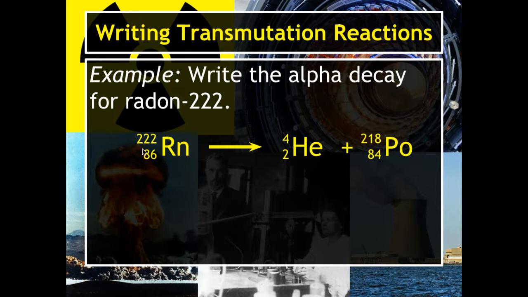So 222, ejected helium, subtract 4, that's 218, right? If I add those together, I get 222. 86, ejected 2 protons, so that's 84. And if you look in the periodic table, that is correct.